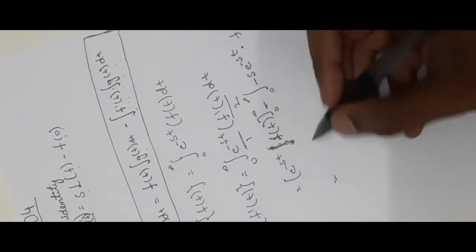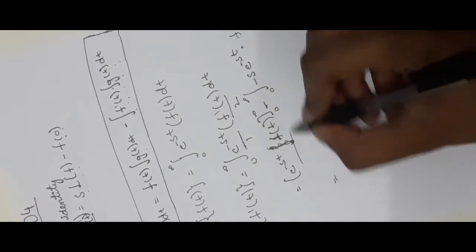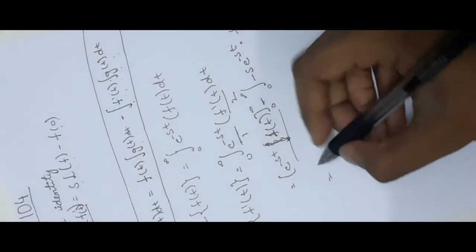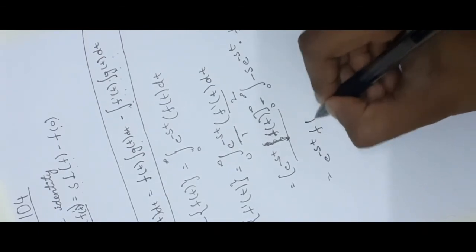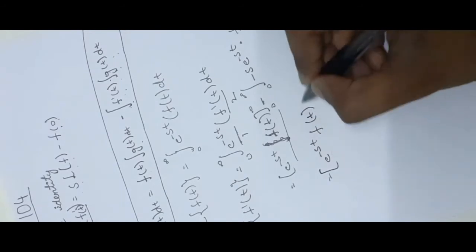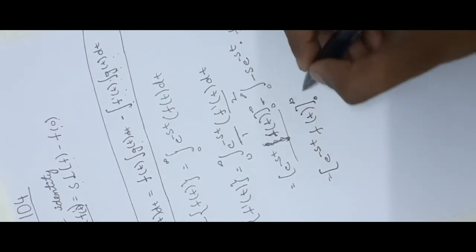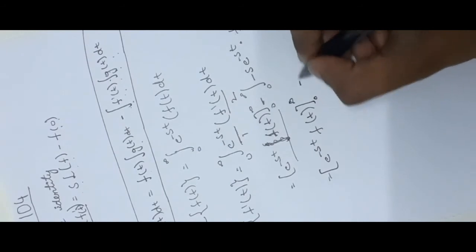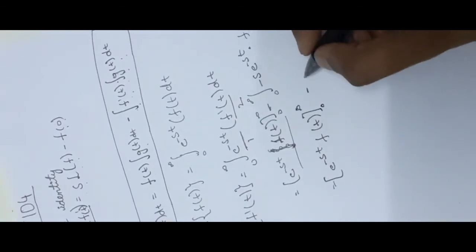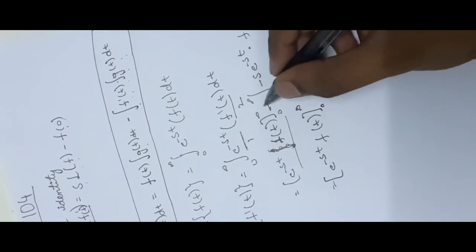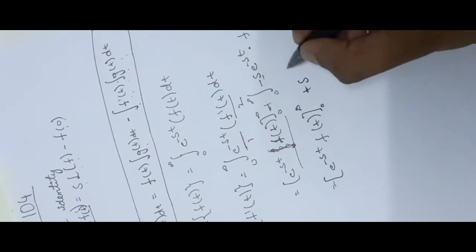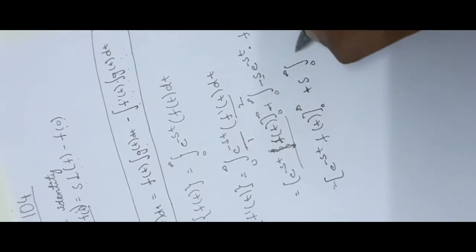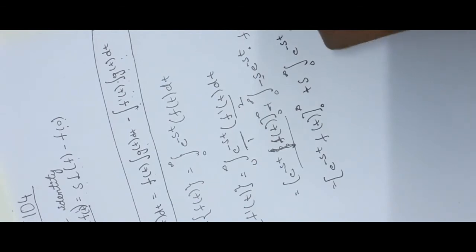I am writing this part as it is: e to the power minus st f of t with limits 0 to infinity. Minus into minus will become plus. We can take s as a constant out of the integral: integral from 0 to infinity of e to the power minus st into f of t.